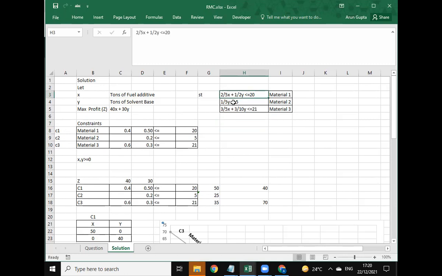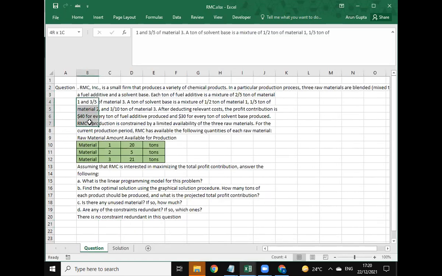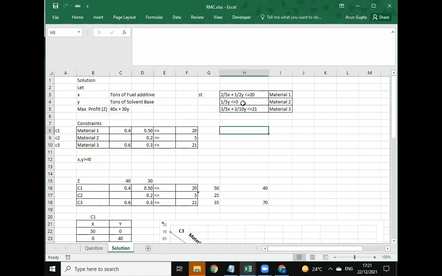These three equations we have derived from the question itself. As we can see, each ton of fuel additive is a mixture of 2/5 ton of material 1 and 3/5 of material 3. So we have derived our linear programming model from this paragraph, and this is the first answer of that question.